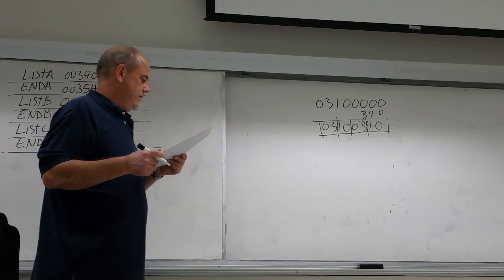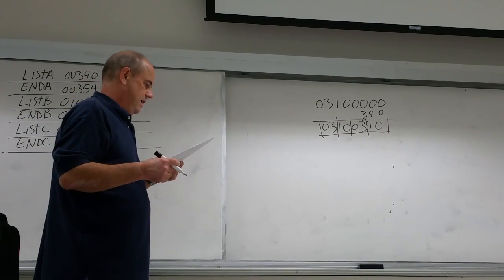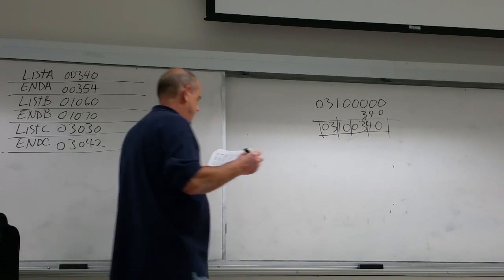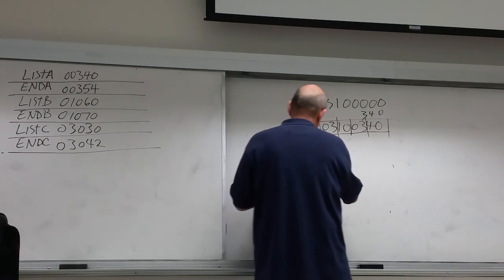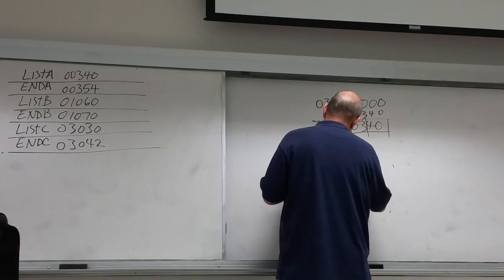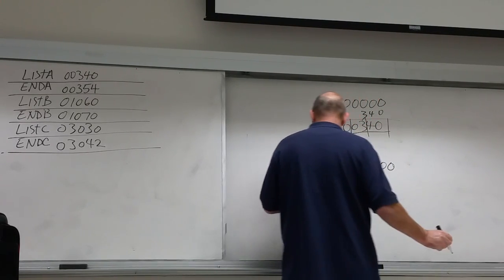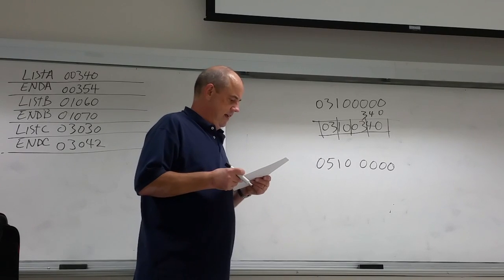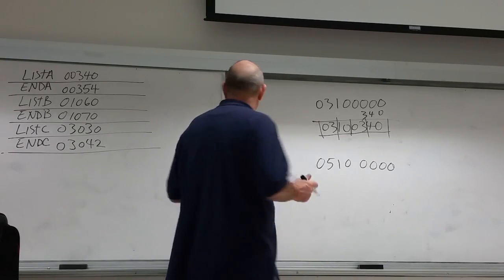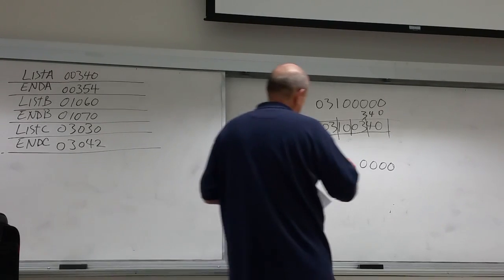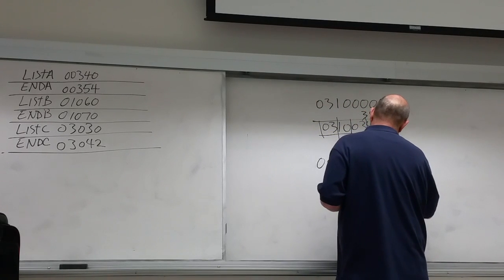Now we have at 3E, 3E we have 0, 5, 1, 0, 0, 0, 0, 0. So it says add end A. Okay, 354.